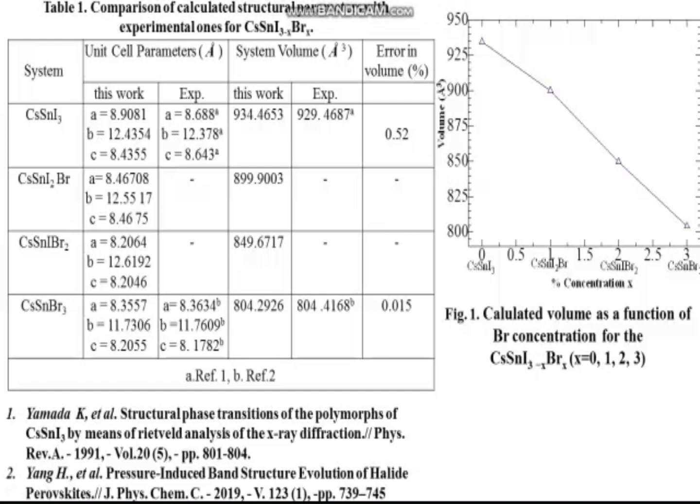Geometrical structure and electronic and optical properties of lead-free mixed halide inorganic perovskite cesium scandium iodide-(3-x) brom-x with x = 0, 1, 2, 3 have been studied in the framework of density functional theory. The efficient electron exchange and correlation functional, the modified Becke-Johnson exchange correlation potential, has been applied to the calculations of electronic and optical properties.